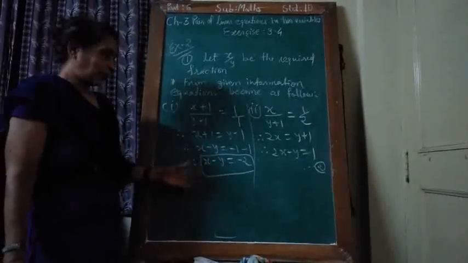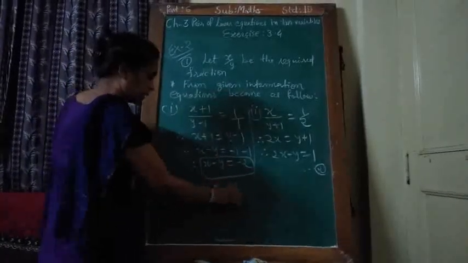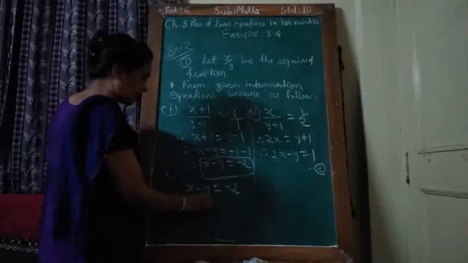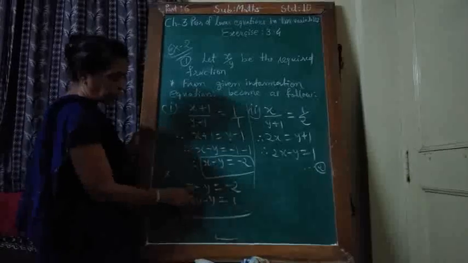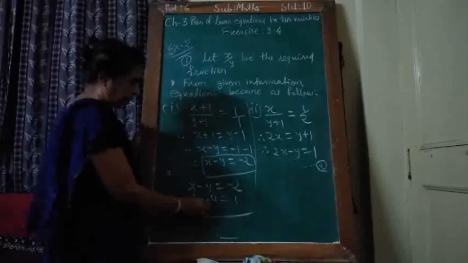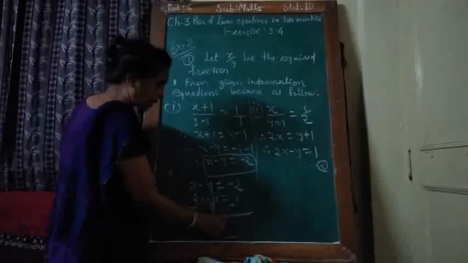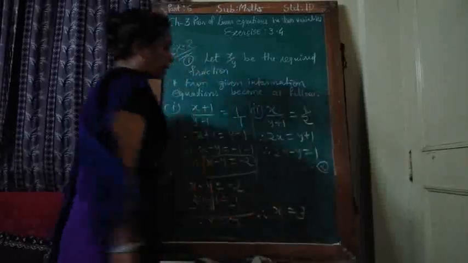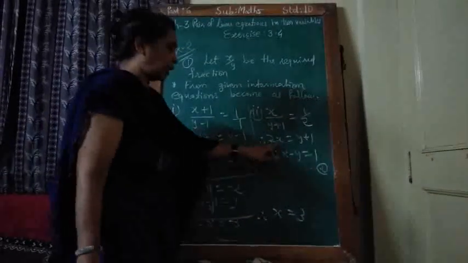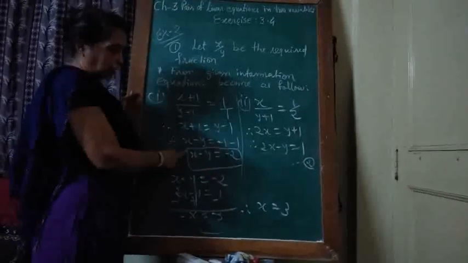Clear? Can you do it? Just try. We have 2x minus y is equal to 1, and the coefficient of y is the same, so you only have to change the sign. Minus plus minus, y cancels. Minus x is equal to minus 3, and therefore x equals 3.